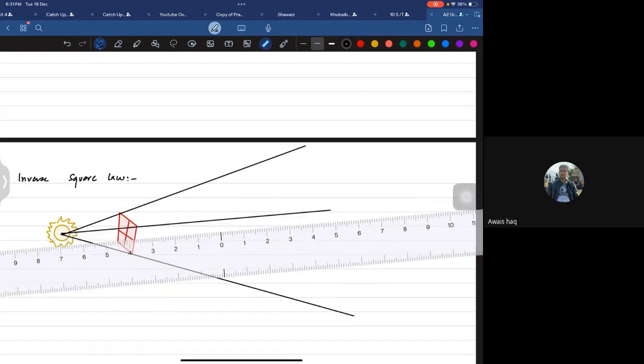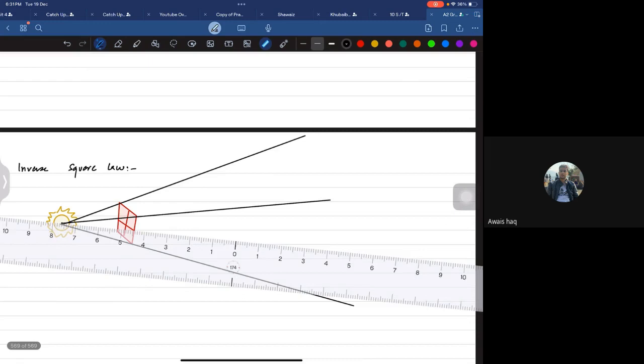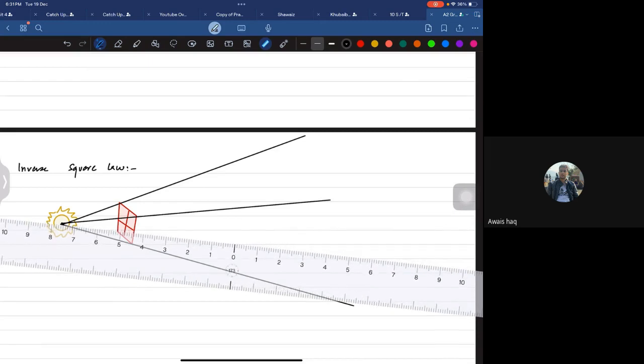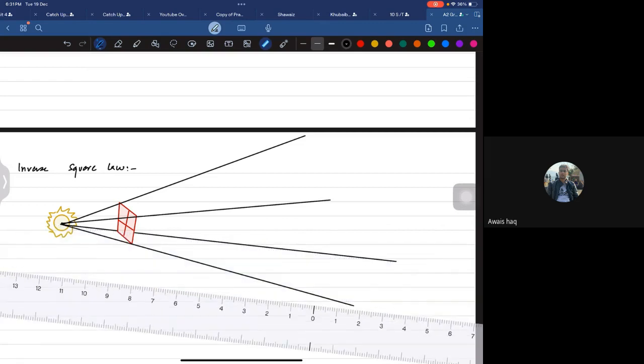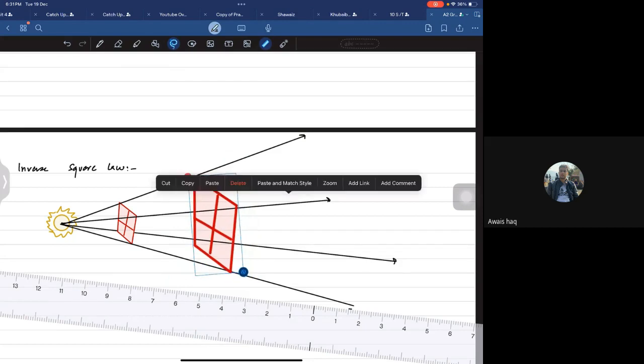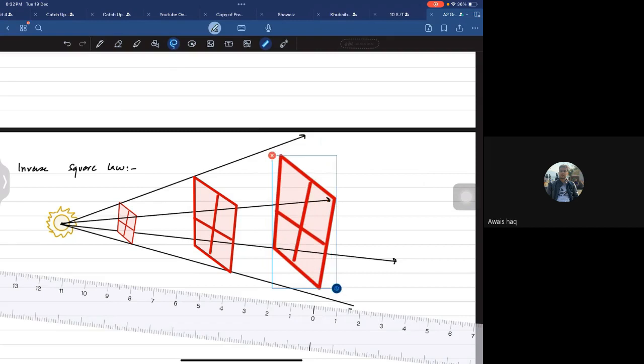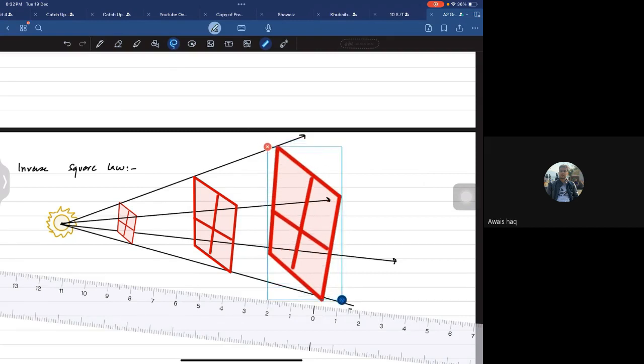Like that, and like this. Okay, now I'll draw the windows. Wait. So every time you go a distance higher than this, the area becomes more and more, like that. Okay.